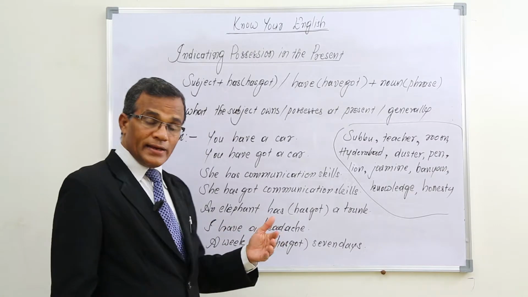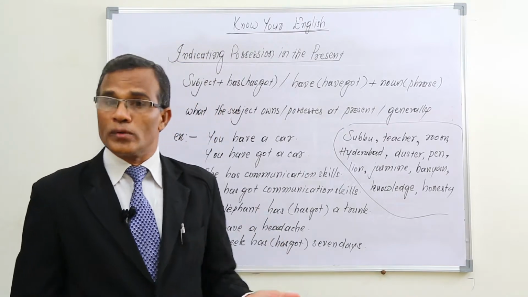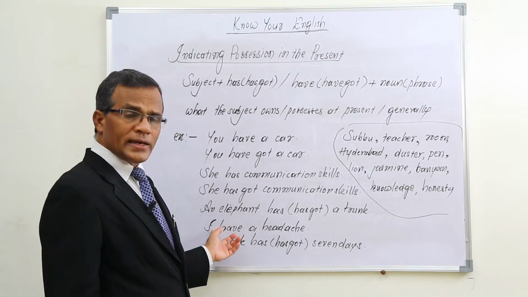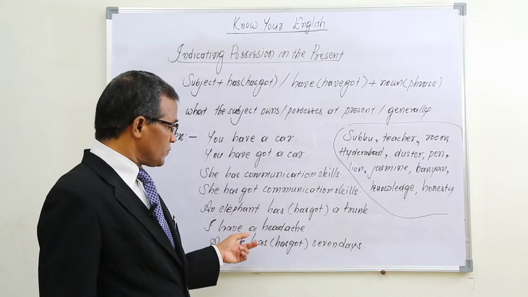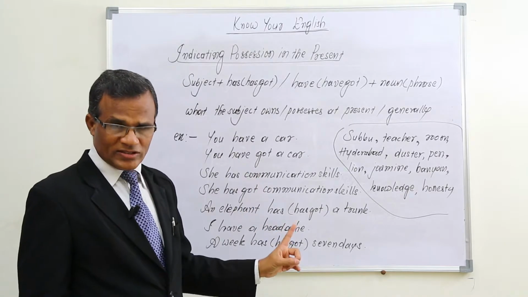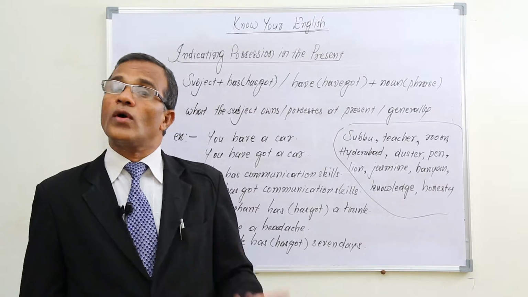I have a headache. Sometimes you see problems, our diseases can also be used in this possession. I have, I. So in the case of I, we have to take only have. Even though it is singular, it always takes have. I have a headache, or you can say I have got a headache also.